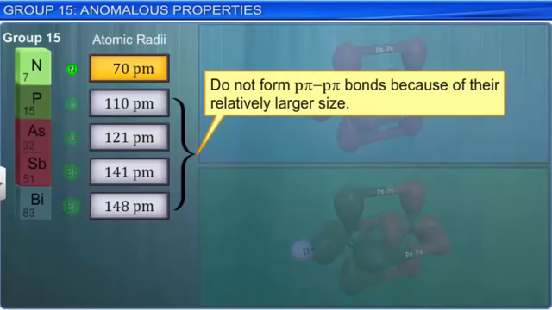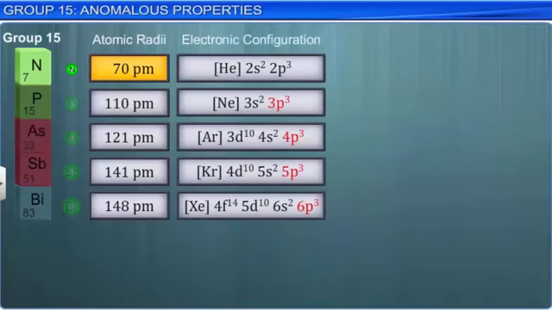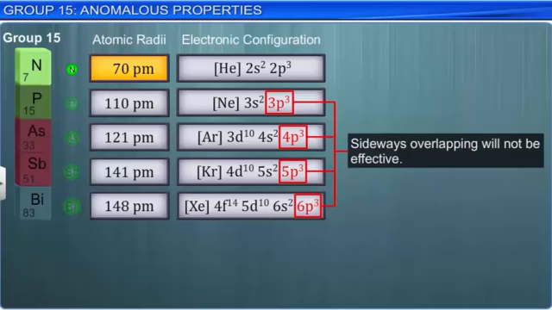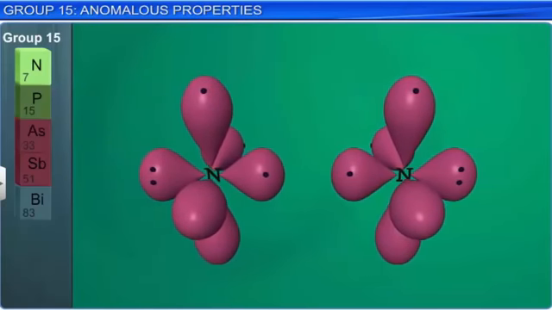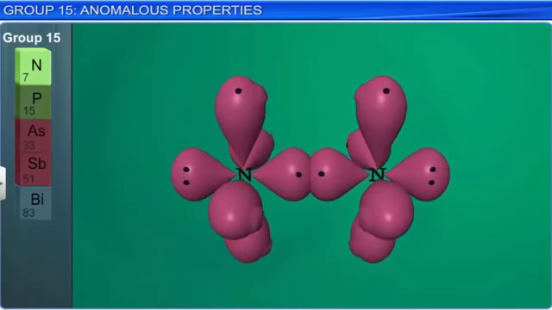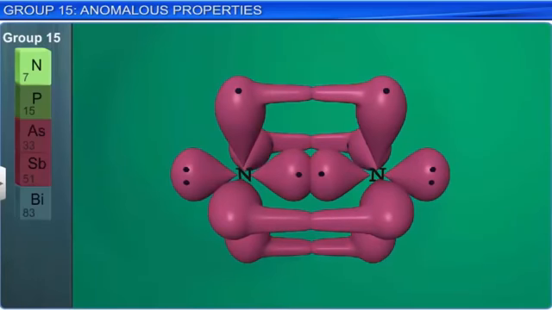In other words, the p orbitals of these elements are larger in size and, therefore, sideways overlapping will not be effective. The tendency of nitrogen to form p-pi bonds is one of the major features that distinguishes it from phosphorus and other group 15 elements.